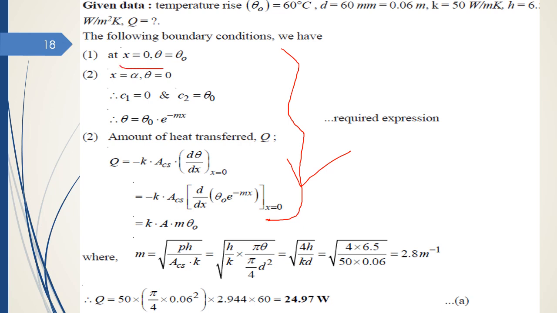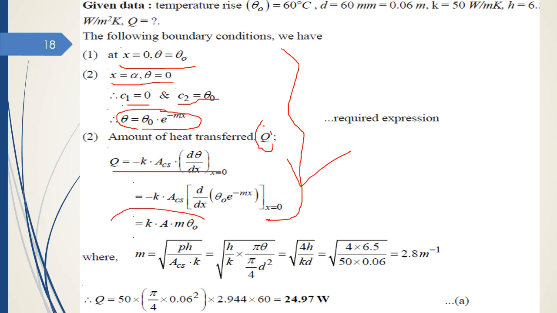The first boundary condition is x equals 0, theta equals theta 0; x equals infinity, theta equals 0. We know the value of C1 and C2. We had derived this formula: theta equals theta 0 into e raised to minus mx. And Q equals minus kA d theta by dx at x equals 0.